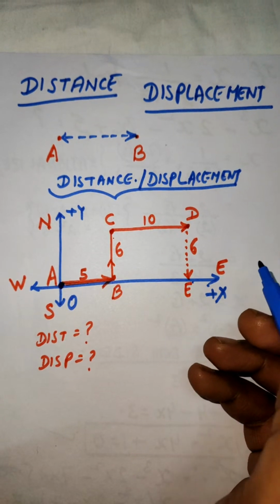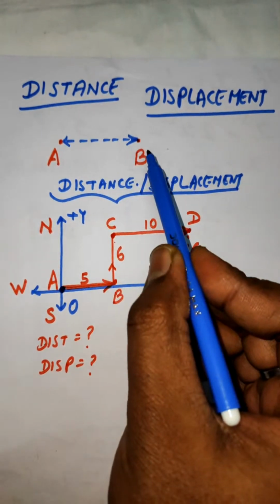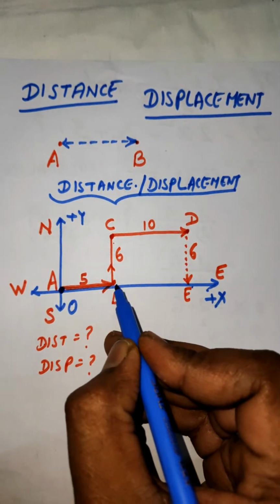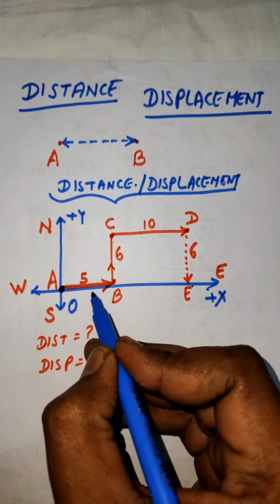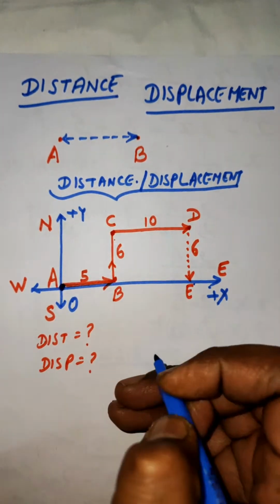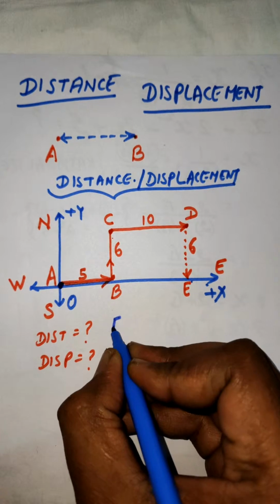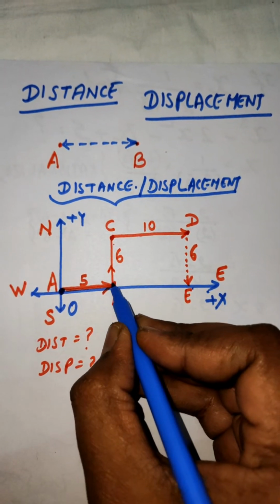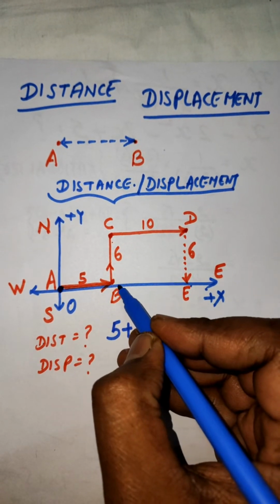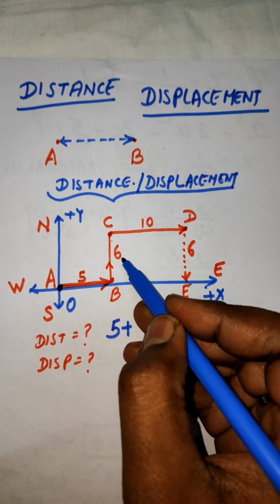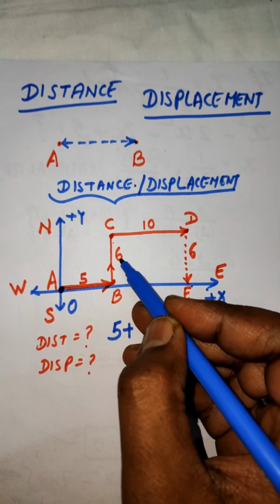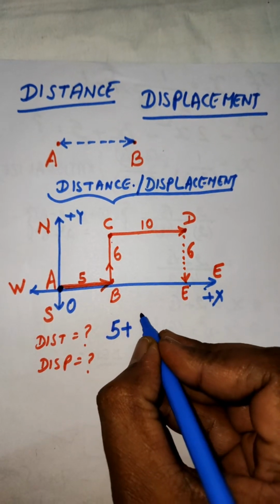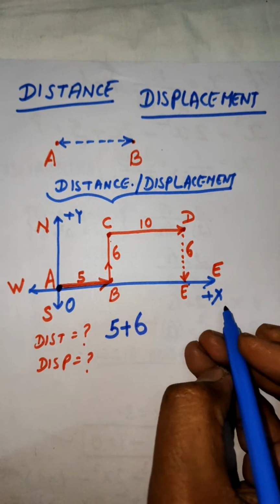Distance is the difference between 2 points, right? So here from A to B, that person covers how many kilometer? 5. So just add 5. After that, he reaches B. From B, he turns towards north and goes 6 kilometer. So that 6 kilometer will also be added to this 5. So just add 6, right?